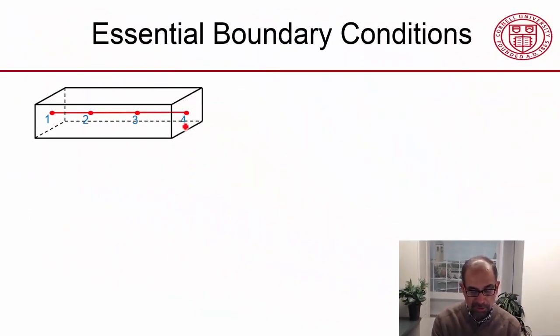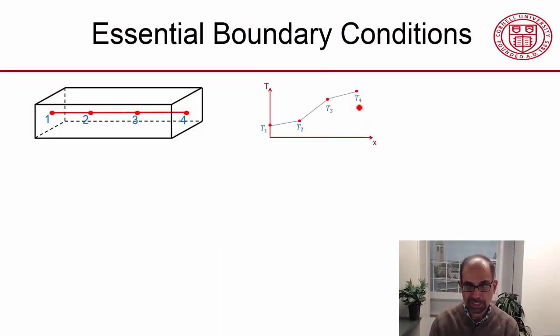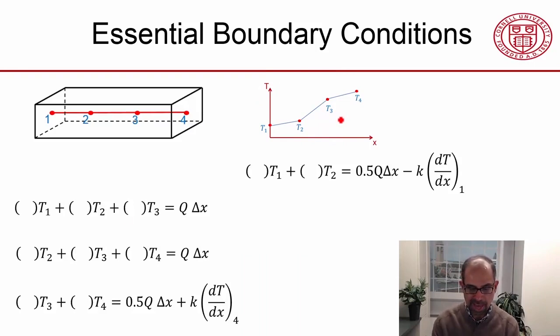So we have our 4 nodes arranged along a line, and I've shown it within the context of the bar. And this is the assumed shape for our temperature. And we have 4 algebraic equations here relating temperatures at neighboring nodes. And I've brought the equation at the first node onto the right-hand side.